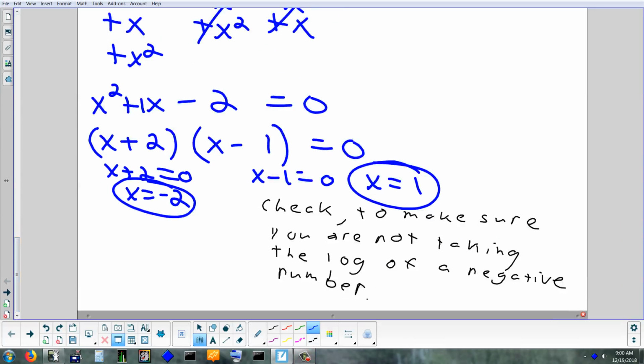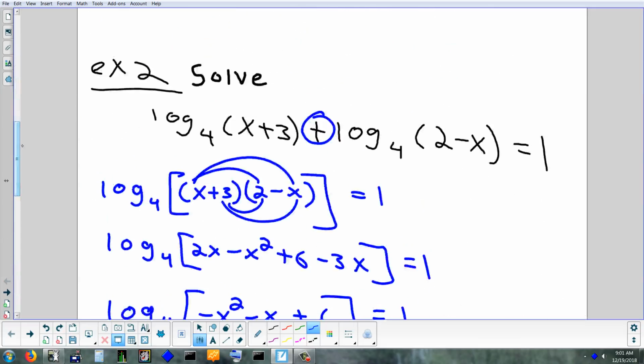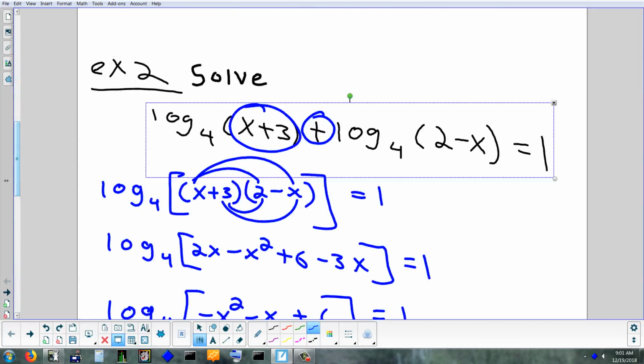So we've got to make sure that whenever you plug those numbers in, you're not taking the log of a negative, because we said you're not allowed to take logs of negative numbers. So let's check 1 first. Let's see if it works. If I plug in 1 right here, what would that argument turn into?